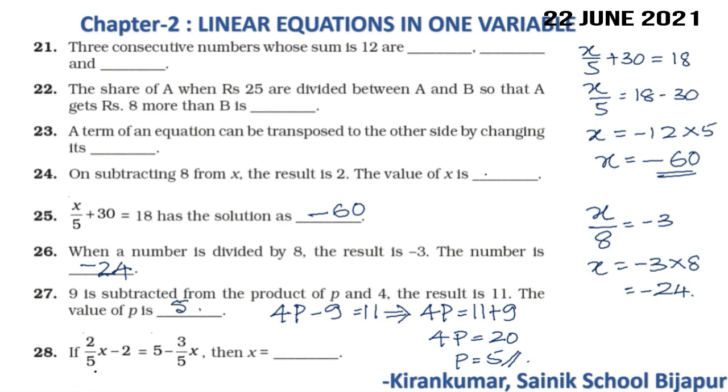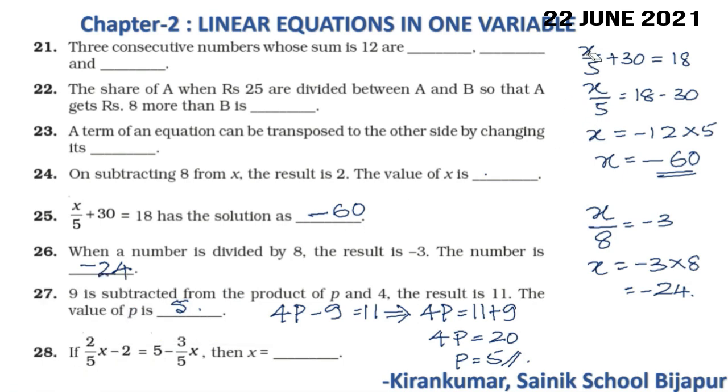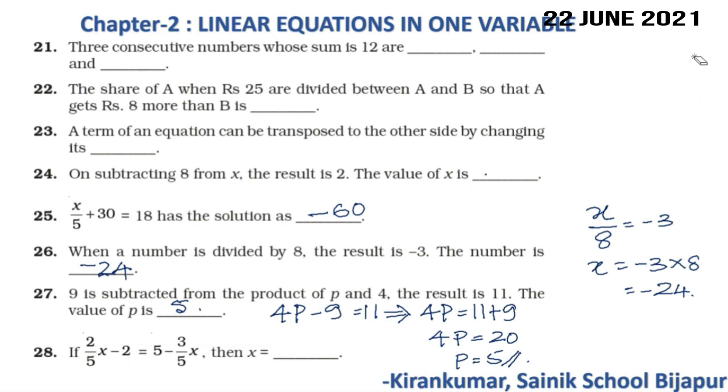Question 28 is an equation which is to be solved. Let me make some space for solving that equation. Let me rewrite the question. 2 by 5 times x minus 2 is equal to 5 minus 3 by 5 times x. Let's bring all the variables to one side.